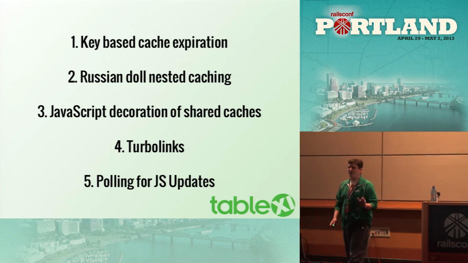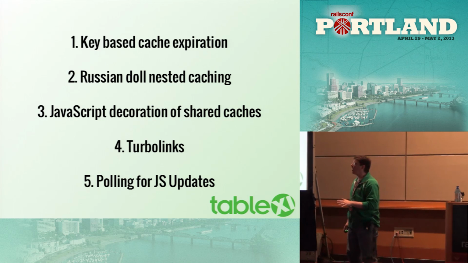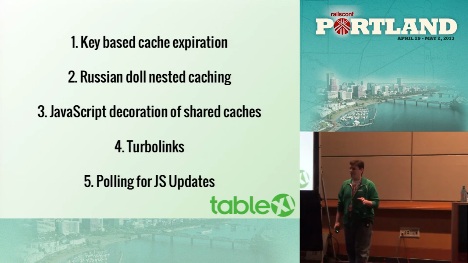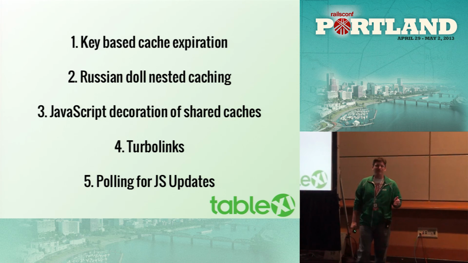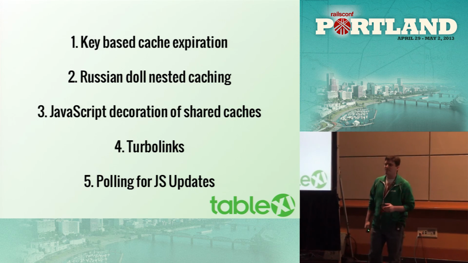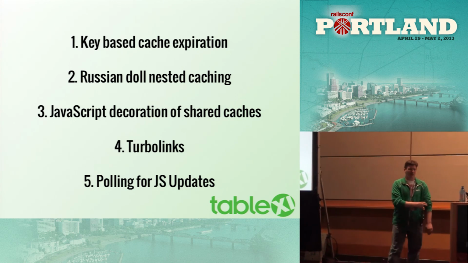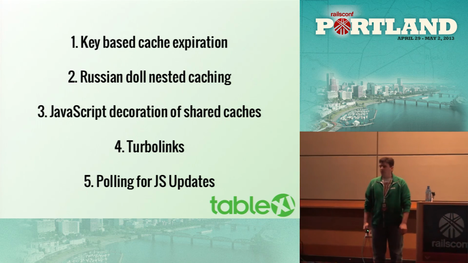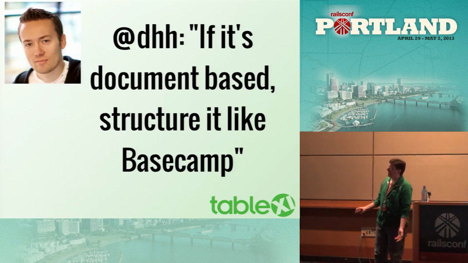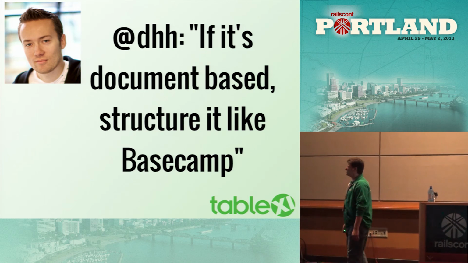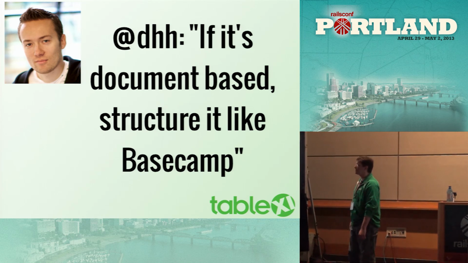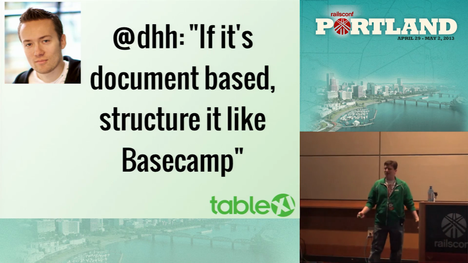I'm going to assume, by the way, that everybody here either saw the keynotes yesterday and today or doesn't care about the technical details, and in both of those cases, you don't need me to tell you what Turbolinks are. So we're going to pass on that a little bit. So I don't know, is my application document-based? It's got documents, maybe. I don't know.